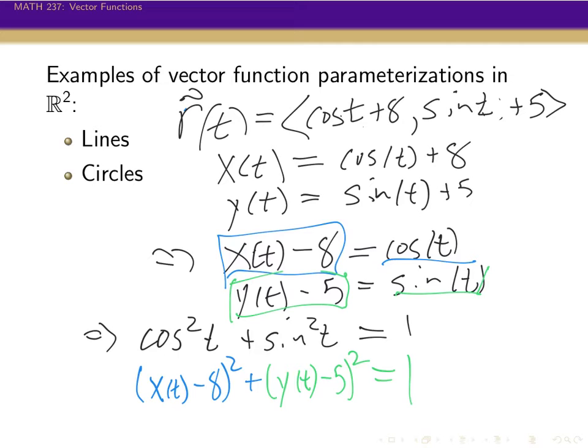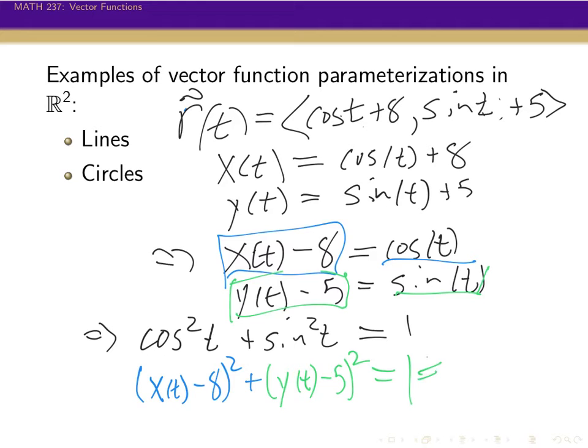For any fixed t, x of t is an x-coordinate and y of t is a y-coordinate. So my x-coordinate minus 8 squared plus my y-coordinate minus 5 squared is equal to 1.